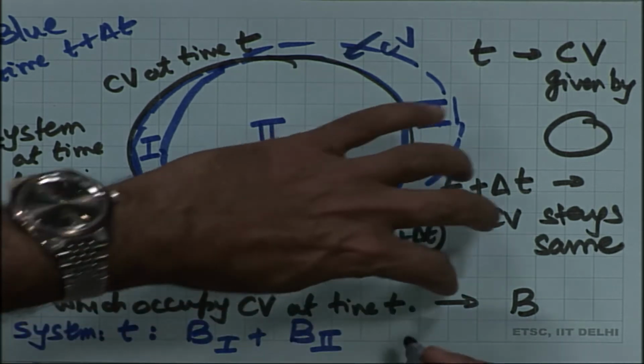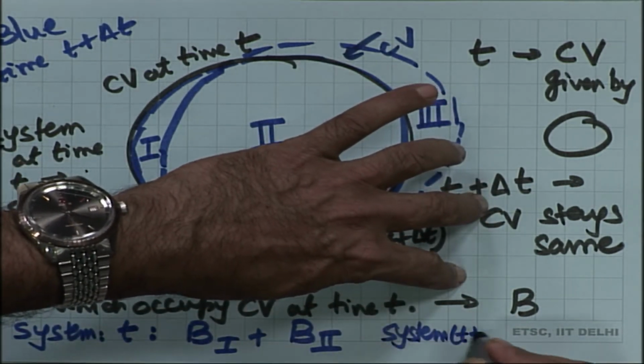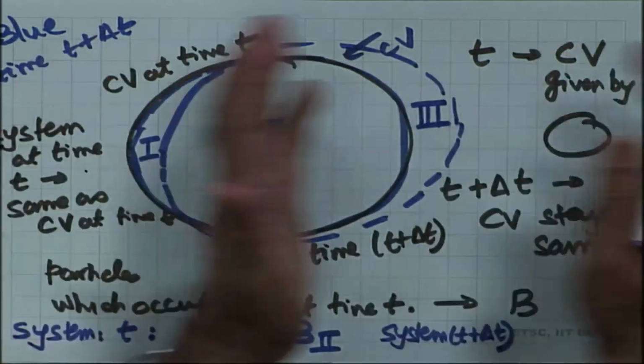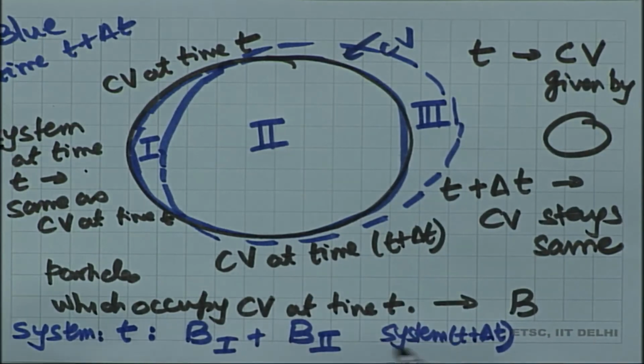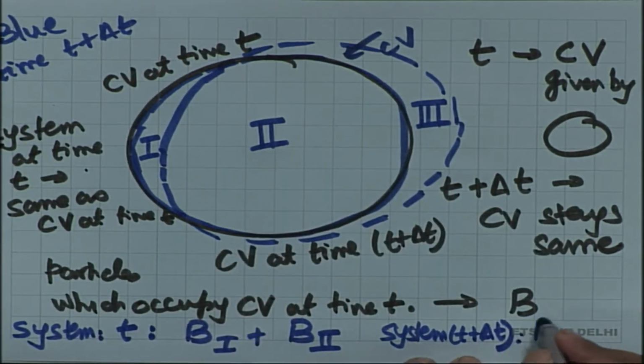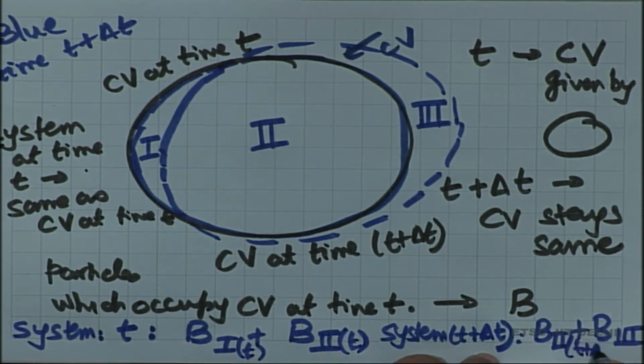And what is the system at time t plus delta t? At t plus delta t, the particles have moved to the right. So, the particles are occupying 2 and 3. So, this will be equal to B2 plus B3, and this will be at time t, this is at time t plus delta t.